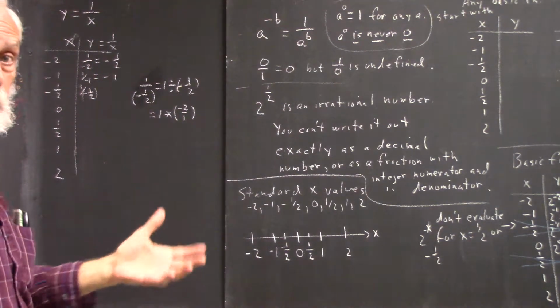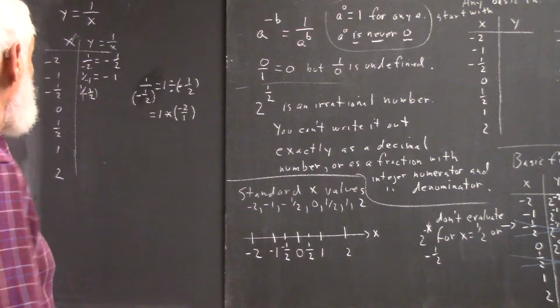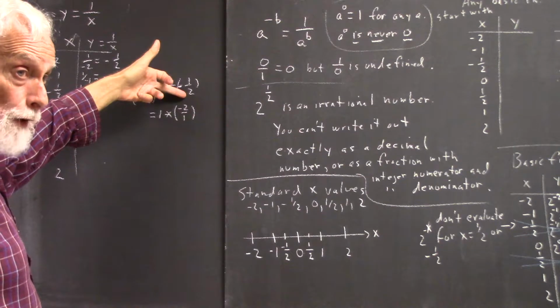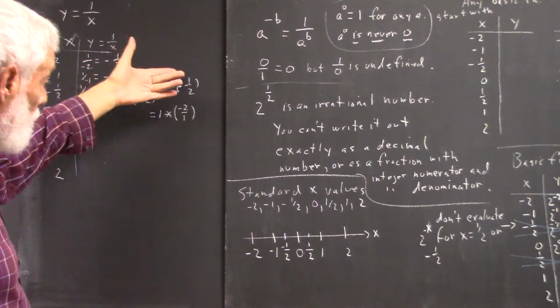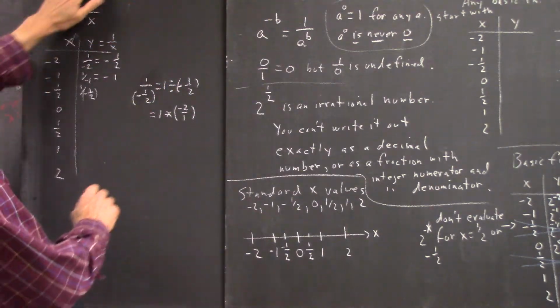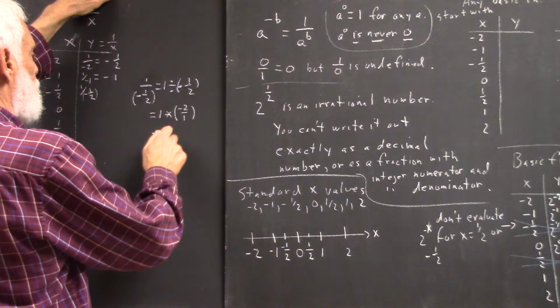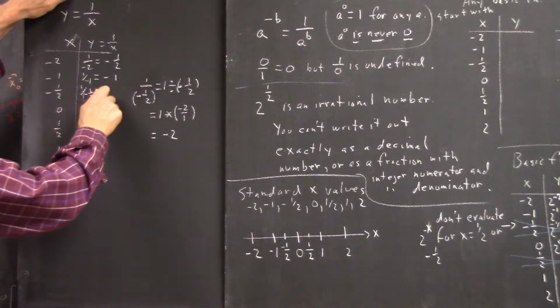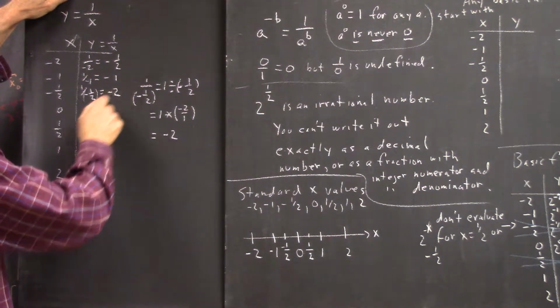So if you have to look up dividing fractions, it's pretty simple. Whatever's here divided by a fraction is going to be multiplied by the reciprocal of the fraction. And that, of course, is -2. So 1 over -1/2 is -2.